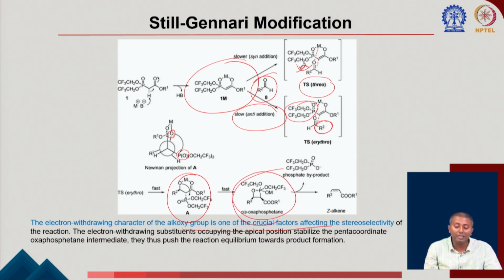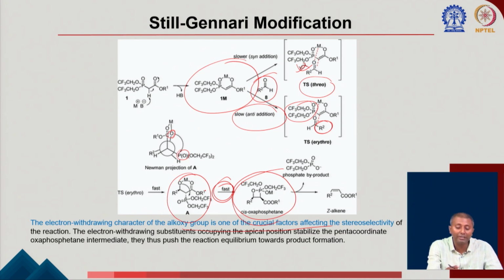Now this step is a very important step. This is the one important step which is differentiating compared to the HWE modification. What is happening here? Because the phosphorus is attached with a group which is an electron withdrawing group, this step is much faster. So again there is some sort of kinetics playing a role.